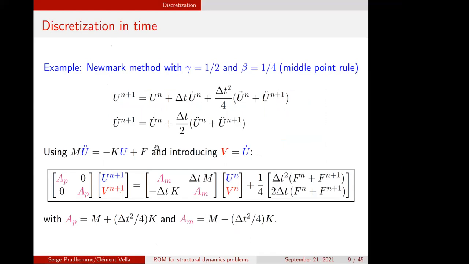Of course, we know that we need to use some symplectic method. And one possible scheme to do that is to use the Newmark method. And I'm showing here the equations that we need to solve using the Newmark scheme.